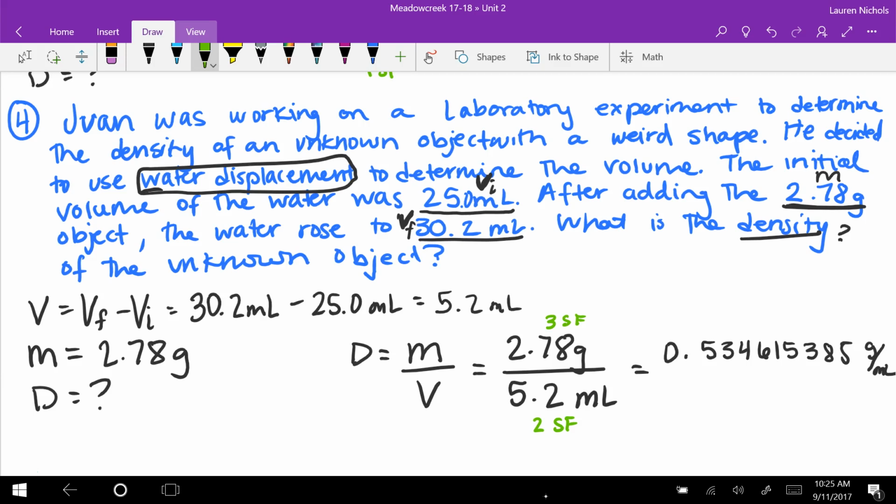That's the lowest number. The 0 does not count, but the 5 and 3 do. So I'm going to keep the 0.53 and I look at the 4. Does the 4 make the 3 round up or stay the same? It stays the same. So my final answer should be 0.53 grams per milliliter.